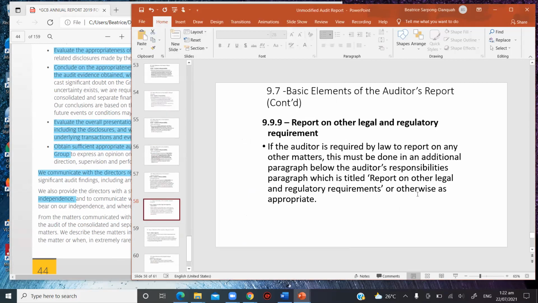And now the next one is the report on other legal and regulatory requirements. If the auditor is required by law to report on any other matters, this must be done in an additional paragraph below the auditor's responsibilities. So do we have anything like that? Let's check.